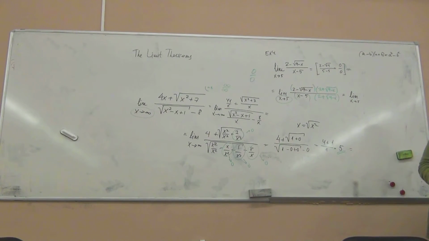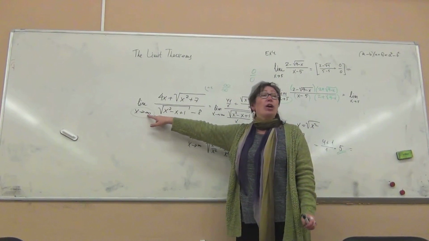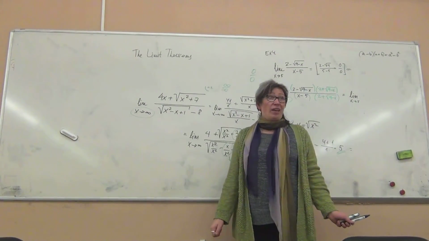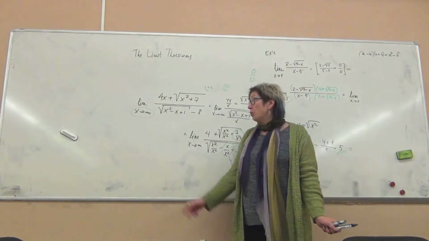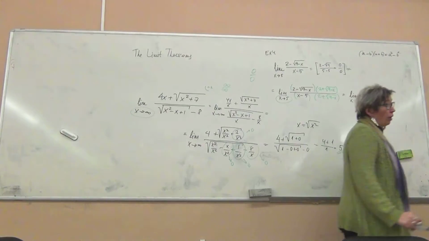So when you have a limit involving radicals, one of the first things you have to look at is towards what does x tend? It's important. Where x is going, the whole limit might be going.